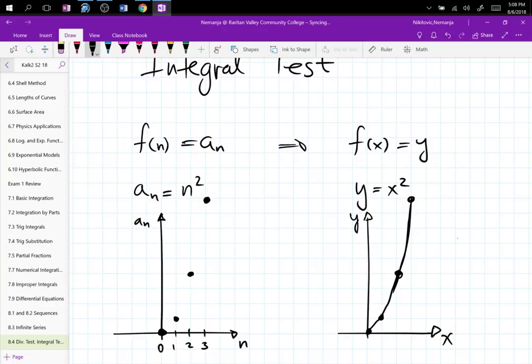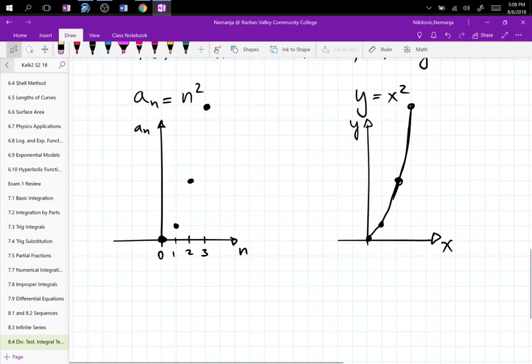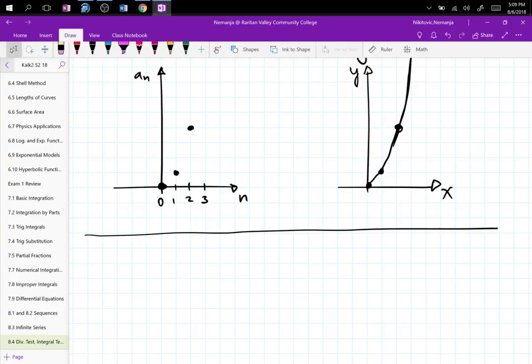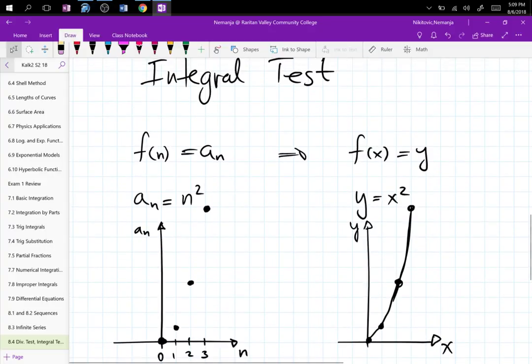You're smoothing out the curve. Now, this is a dangerous business because the three conditions must be satisfied, and only if all three conditions are satisfied do you get to transform your f_n into f(x).